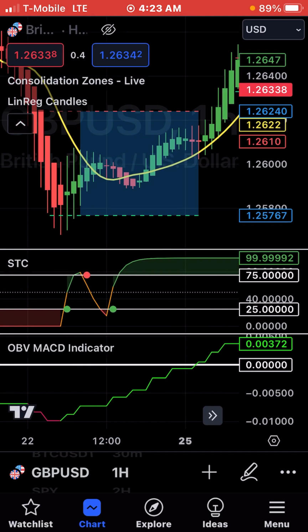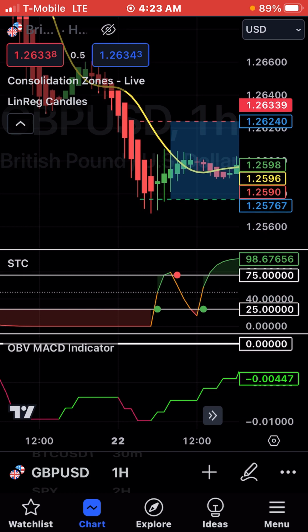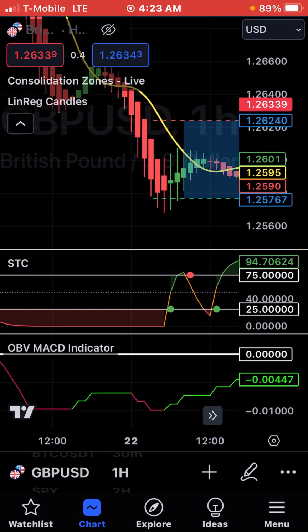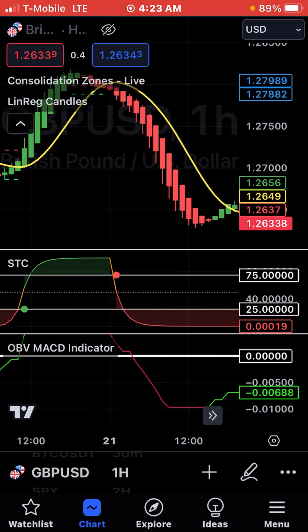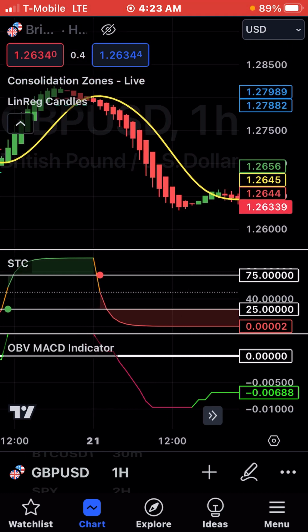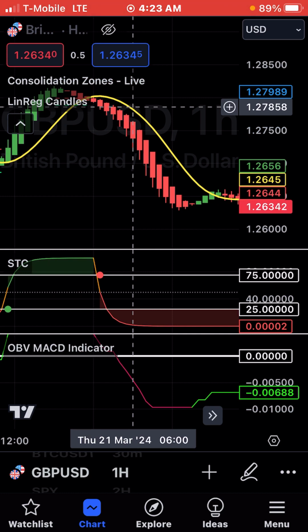Let's do one more with the British pound. Consolidation zone right there. And what we want to do is look for it crossing down on the MACD for our entry point. Now, every time you make an entry point, what I personally look for is it has to be crossing in that direction with the linear line, either above the linear line for bullish or below the linear line for bearish.